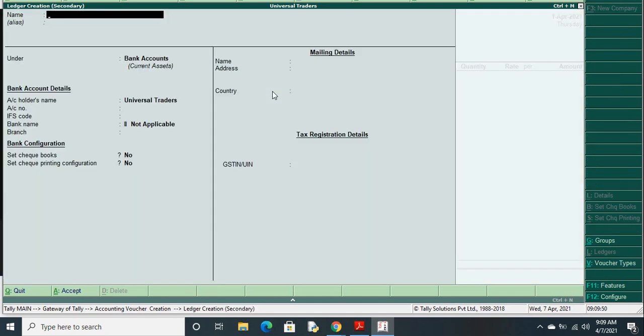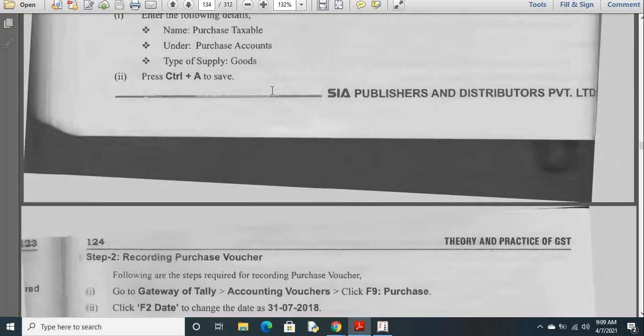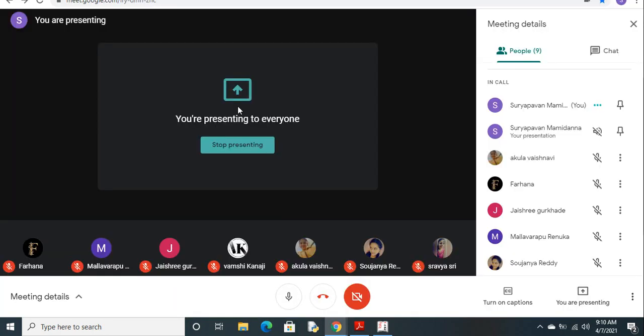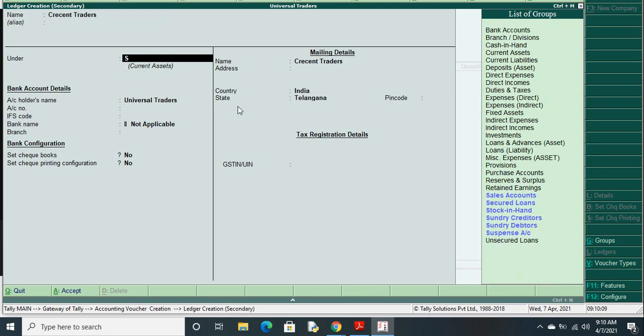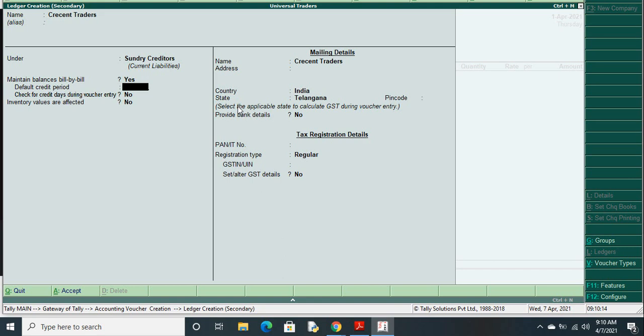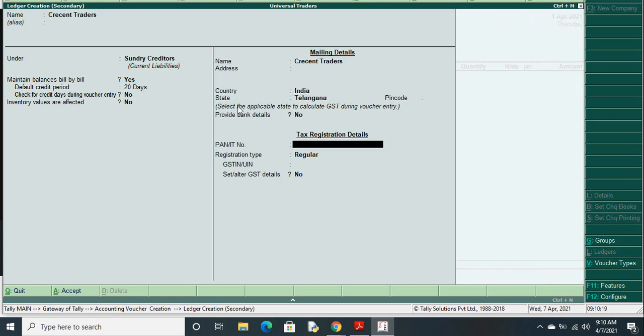Party name, Alt C, Crescent Traders, sundry creditor. He is also from Telangana, regular.